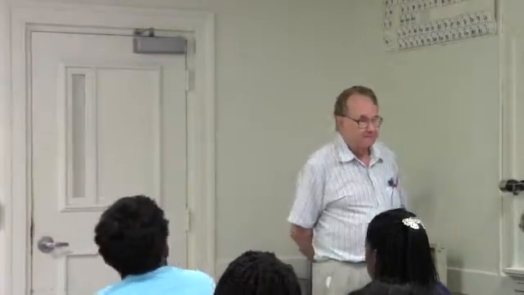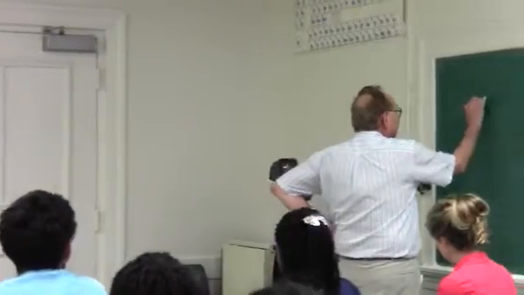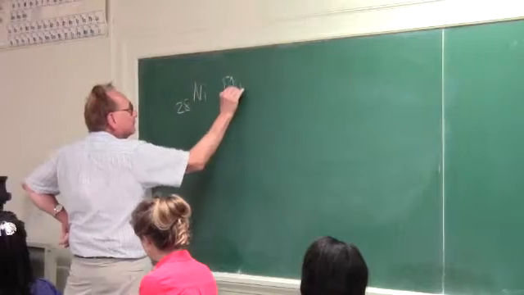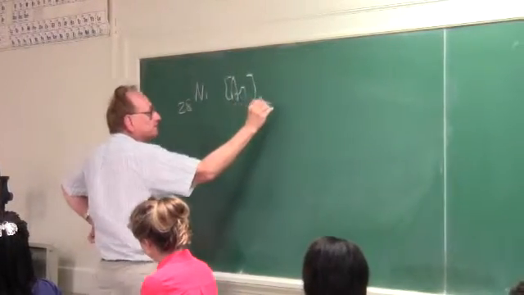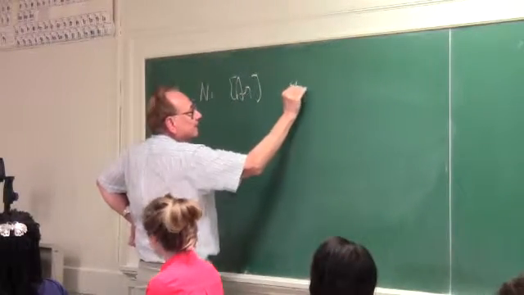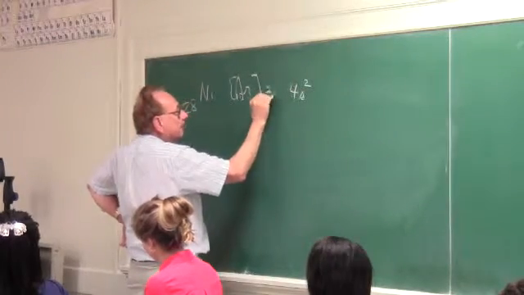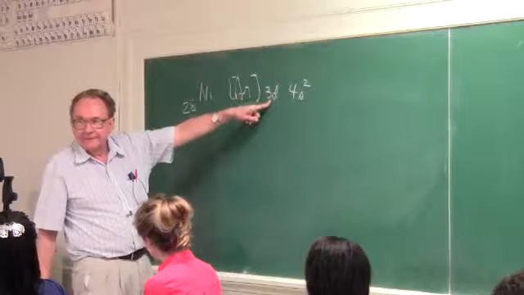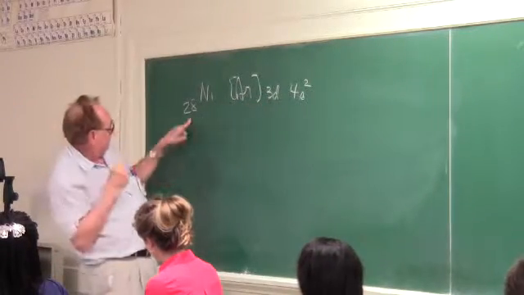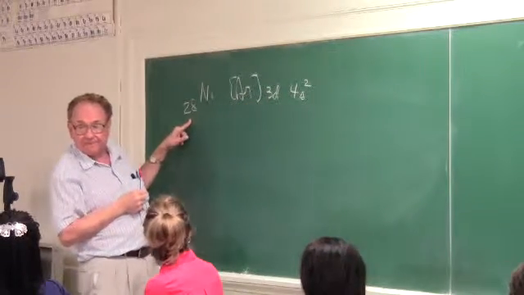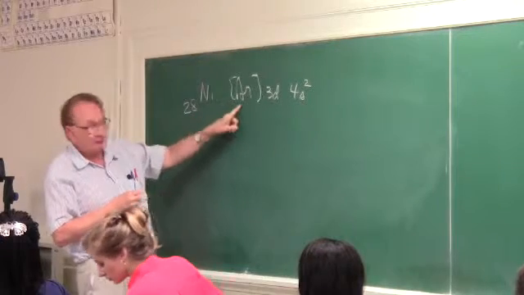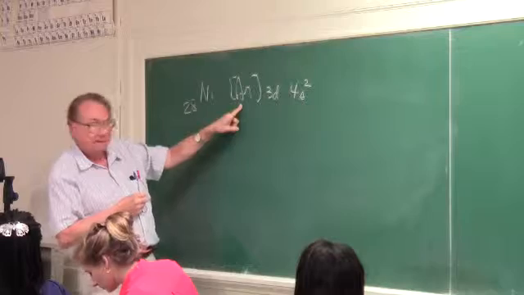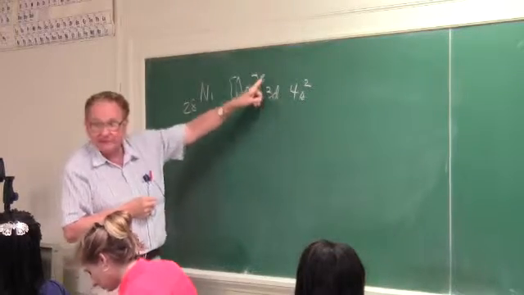Or electron configuration. 28 nickel: argon, 4s2, 3d, how many? How many electrons does this represent? 18. Well then, 3d, how many? 8.